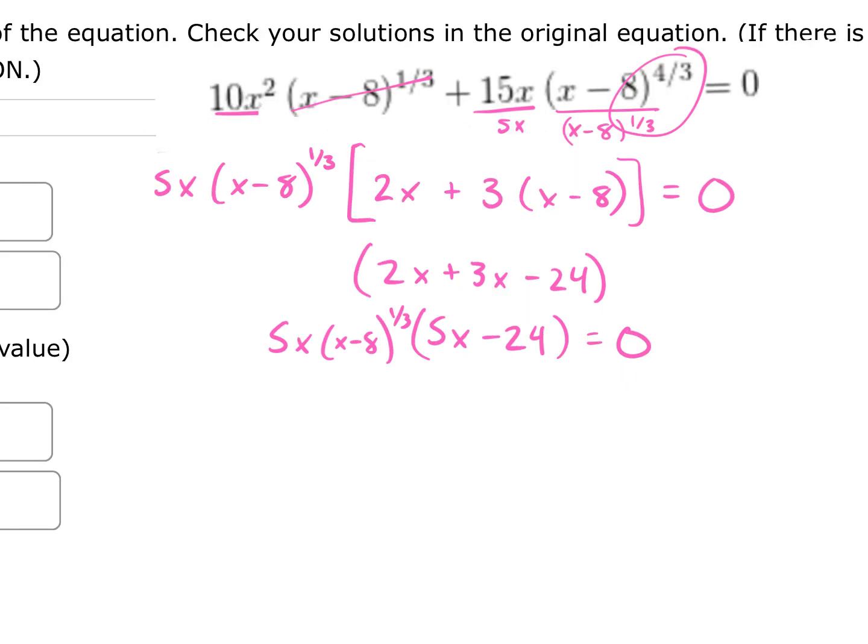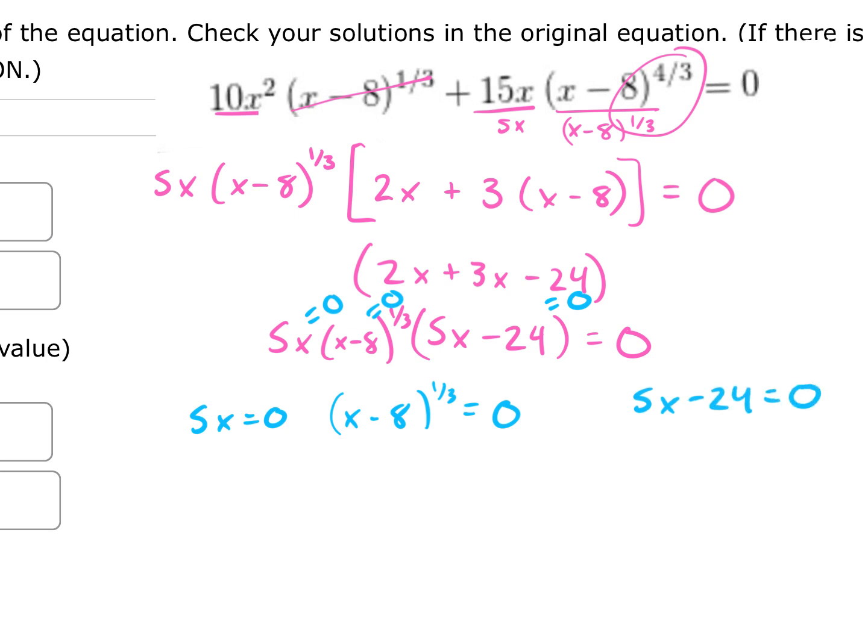Make it cubed, or no? No, from here, since it's all of our factors, we just set them all equal to 0. So 5x equals 0, x minus 8 to the 1/3 equals 0, and 5x minus 24 equals 0. So x is equal to 0.